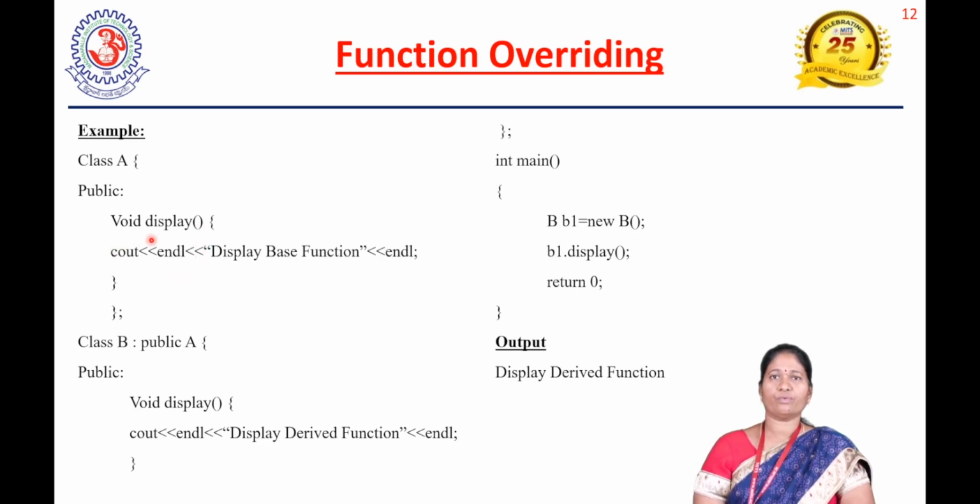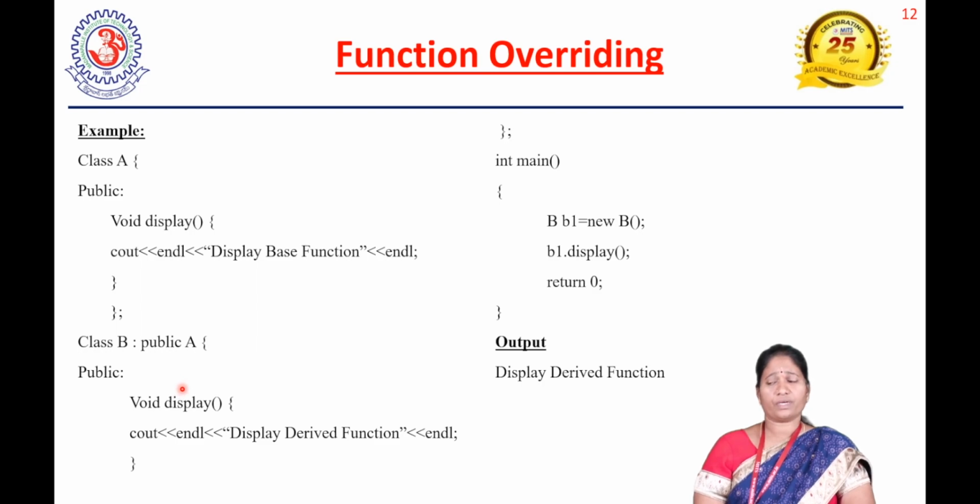I told you what function overriding is: if you use the same function name, same signature and the same number of arguments, we call it function overriding. There is a difference between the base class and derived class function: in the derived class, I display the line 'display derived class function'. This is the detailed description of the class A function and the class B function.